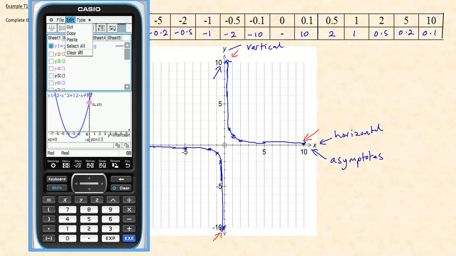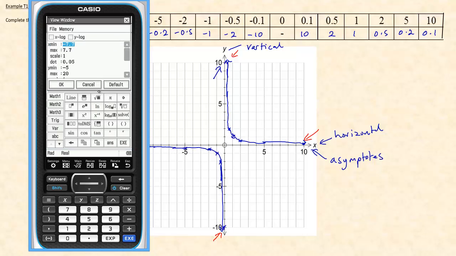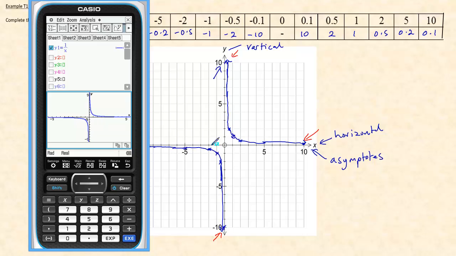So if we just clear anything we have, and then we need that to be 1 over x, like so, and then we can plot that, and let's make the axes the same as what we had, so negative 10 as far as 10 on the x, and for the y do the same, negative 10 up to 10, and OK that, and you can see we've got a picture that's very similar to what we drew before.